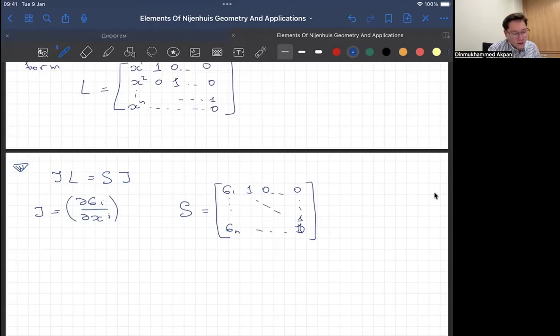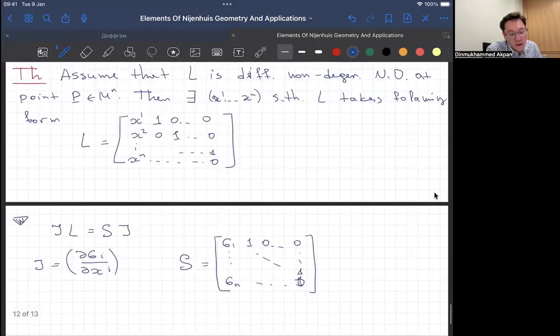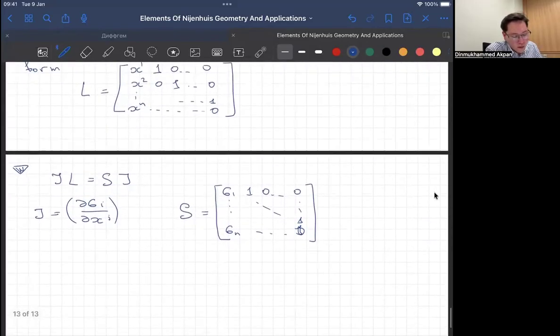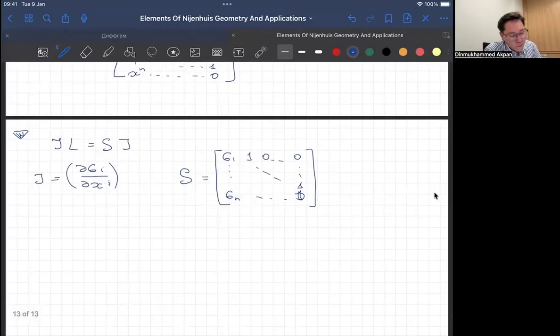If we can prove these matrix relations, then our theorem is very obvious, because we assume we are in some neighborhood of a differentially non-degenerate point, which means the invariants are independent functions and we can take them as local coordinates.